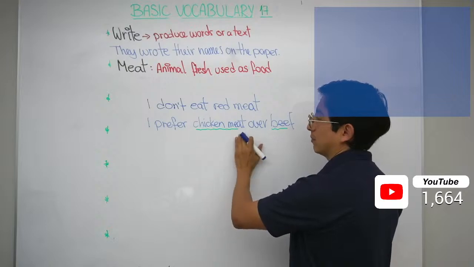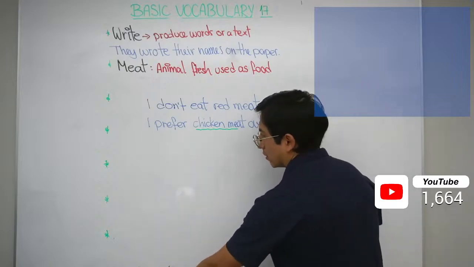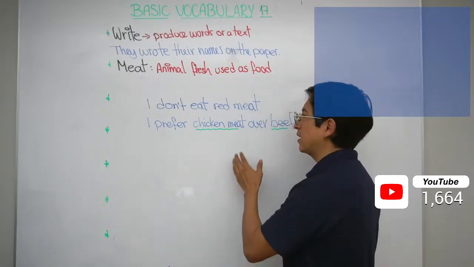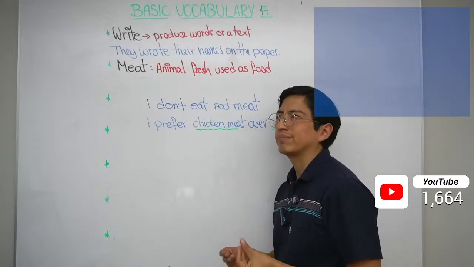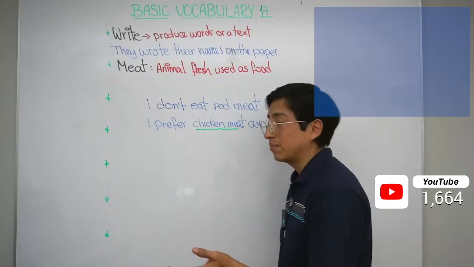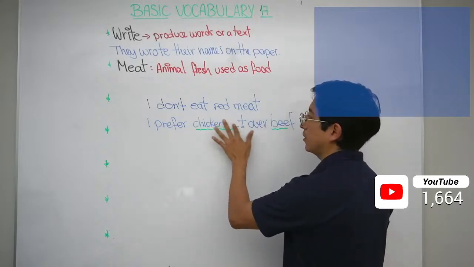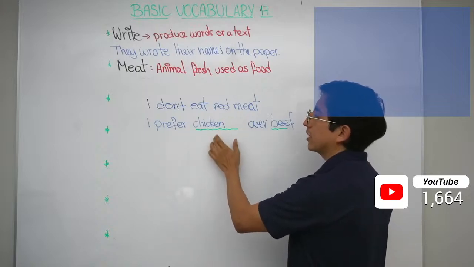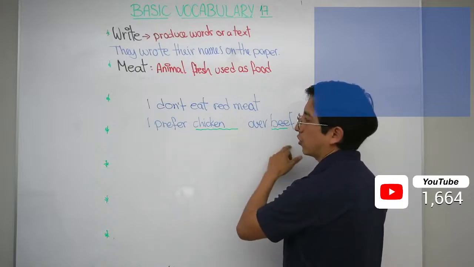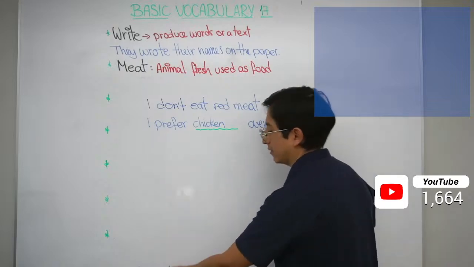And then we have chicken meat. Now, sometimes this could be a little redundant, no? Maybe we can say just this. I prefer chicken over beef, and we are talking about meat, right?